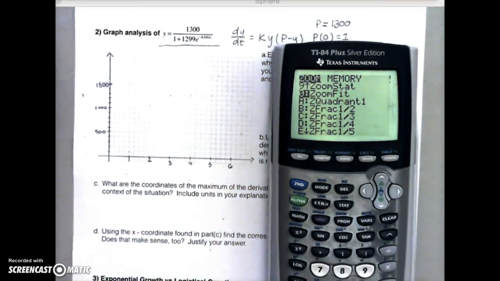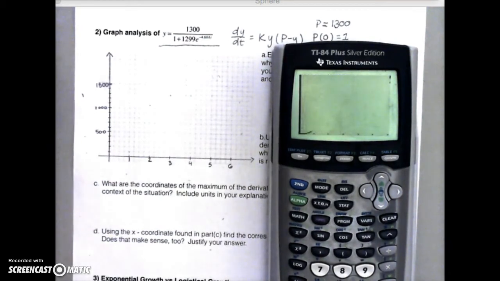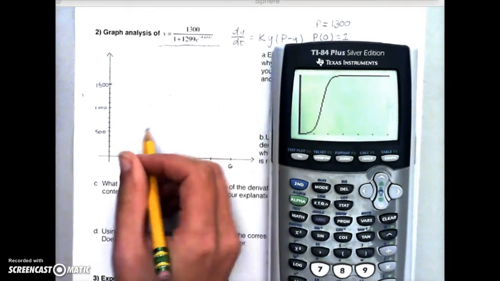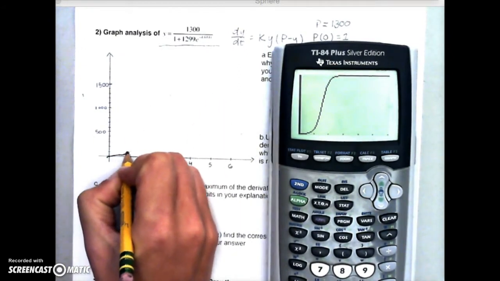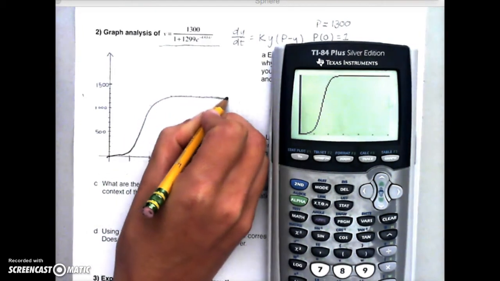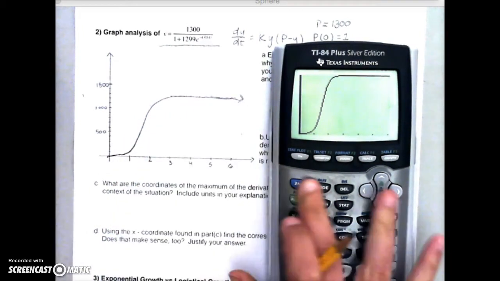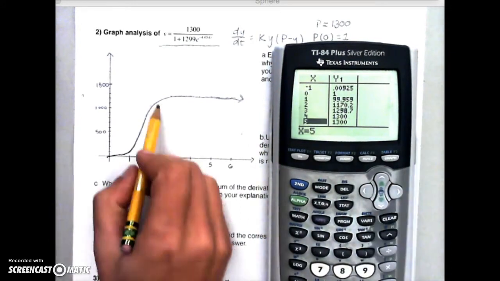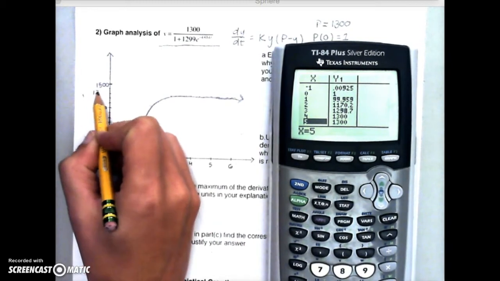What that does is fit my viewing window to the whole curve between x values of 0 and 6. So here we have the logistic curve, and I'm just going to copy what this graph looks like. And if I check my table, I realize that it tops out at about 1,300.